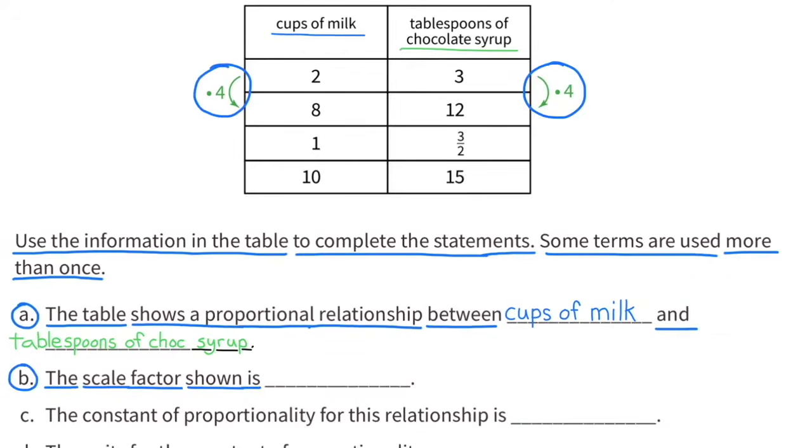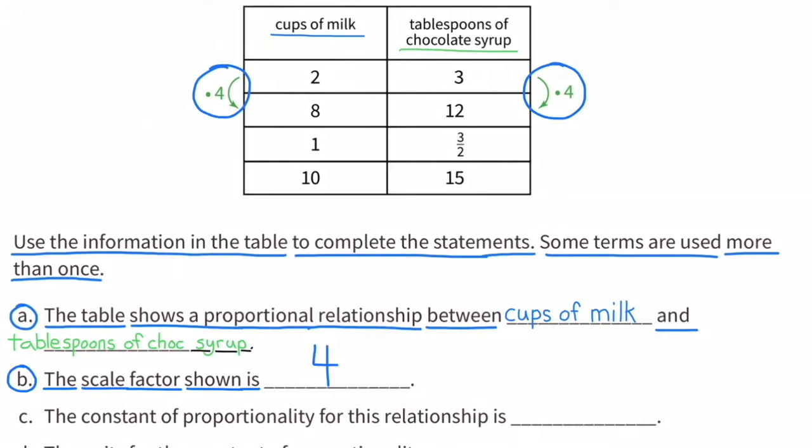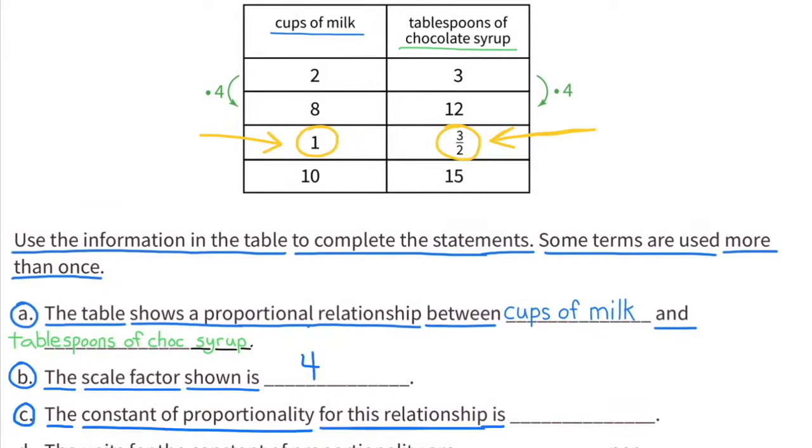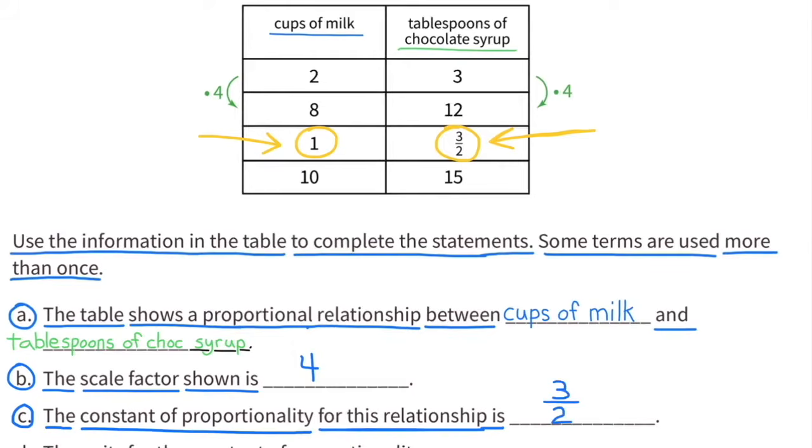B. The scale factor shown is blank. The scale factor shown is 4, because 2 times 4 is 8, and 3 times 4 is 12. C. The constant of proportionality for this relationship is blank. It is 3/2, or 1.5, because for every 1 cup of milk, there's 3/2, or 1.5 tablespoons of chocolate syrup.